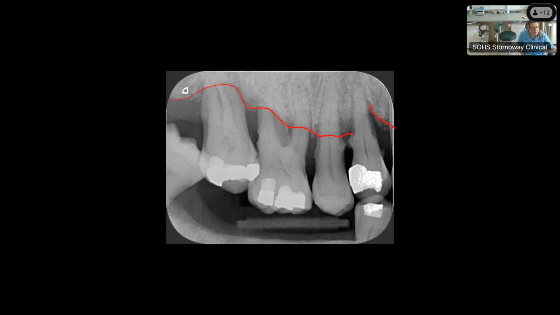I would probably say the worst is the most posterior tooth, because the only bit you've got left in bone is about there, whereas on this 6, we've got that left in bone. But I don't think there's a lot in it. Might say 80% on the most posterior molar.